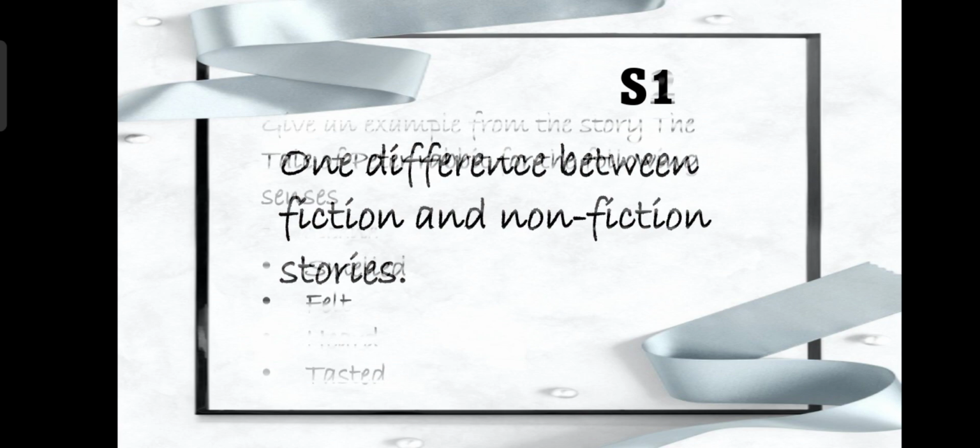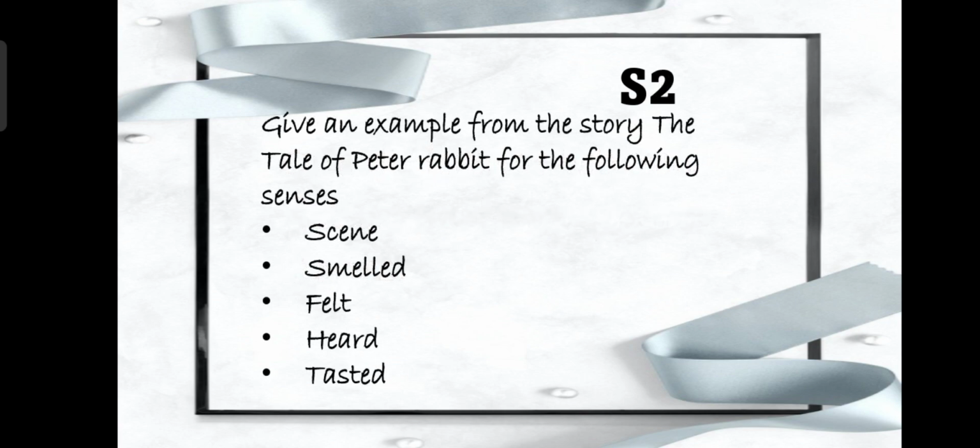And then in your S2, give an example from the story The Tale of Peter Rabbit for the following sentences. You have to give one example for each of these words: see, where scene means see, saw, seen; smelled, felt, heard and tasted.